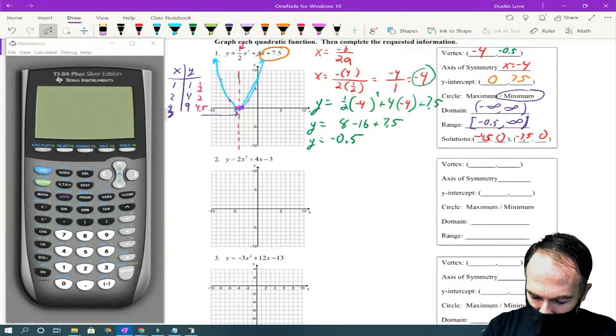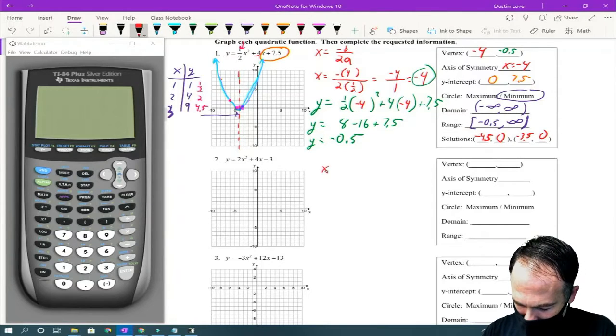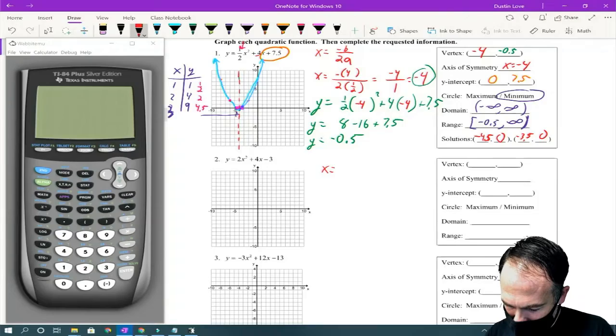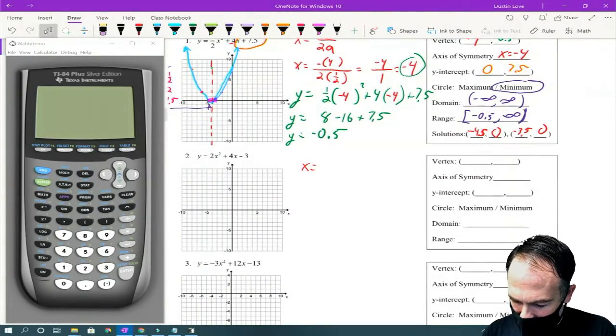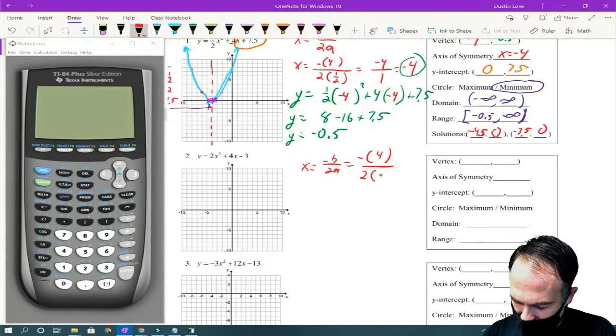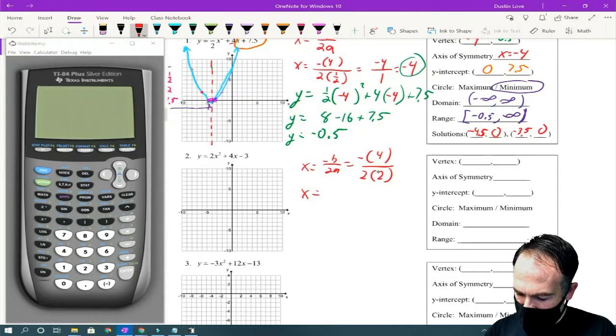Okay, let's go ahead and do our axis of symmetry. X equals negative b over 2a, which is negative b is 4, 2 times a is 2. So simplify that down. 2 times 2 is 4.